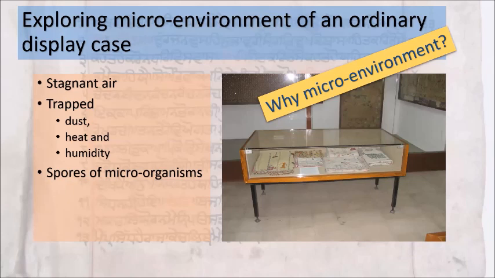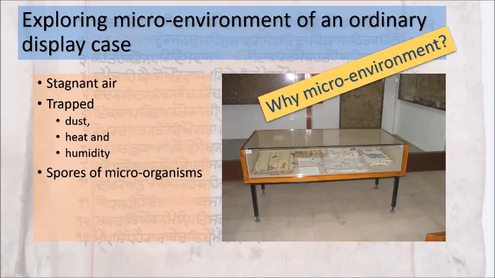If you have a very close look at this picture, you'll see that there's stagnant air inside, and even the heat, because this particular museum has no air conditioning, and a lot of natural light comes in through various windows and other sources. So whatever light it is, we know the greenhouse effect in glass. Whatever light rays go inside the display case are trapped inside, they can't come out.